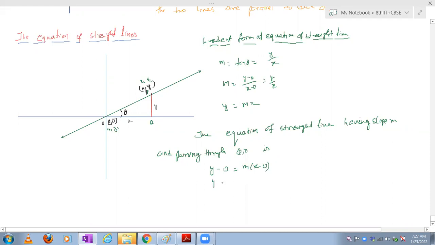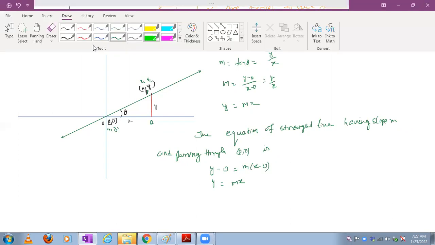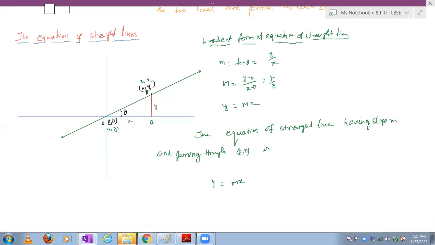Okay? Y is equal to mx. Directly we can write y is equal to mx, passing through 0, 0. We don't need to write this one now. Actually, point form of the equation I need to say, then after this will come. Passing through origin, enough for that.